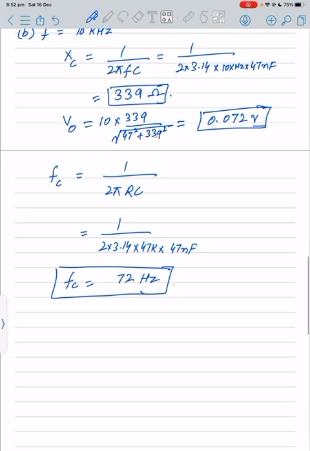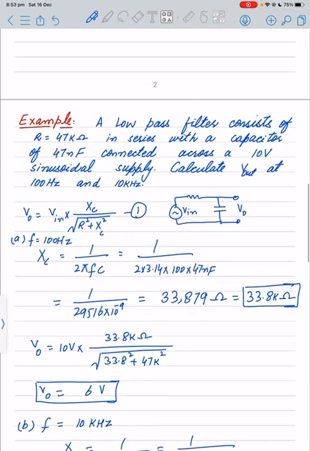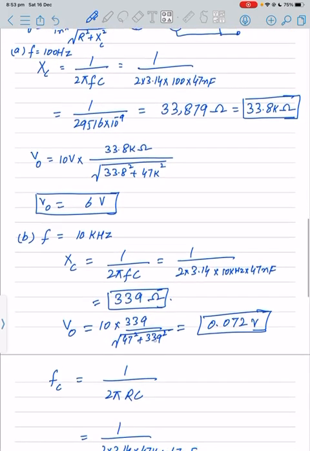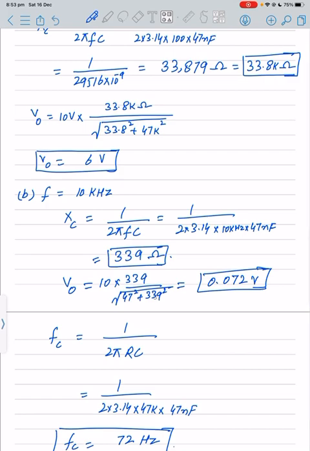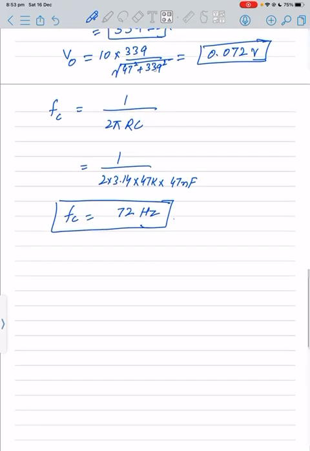So that is a very basic problem related to finding the output voltages at different frequencies and also finding the corner frequency, after which our filter starts working and attenuating the signal.